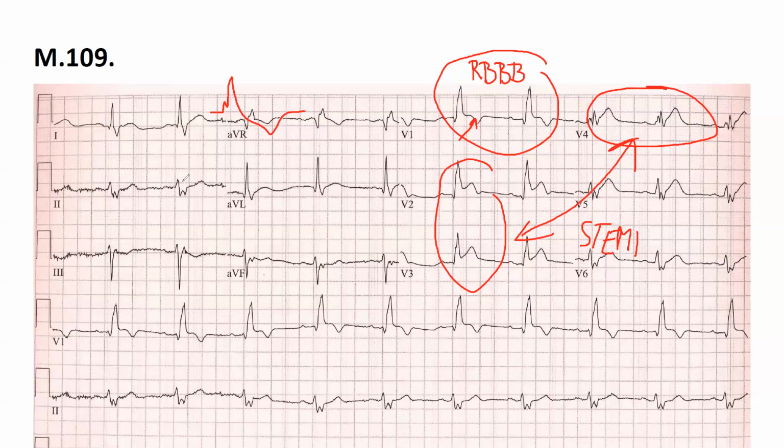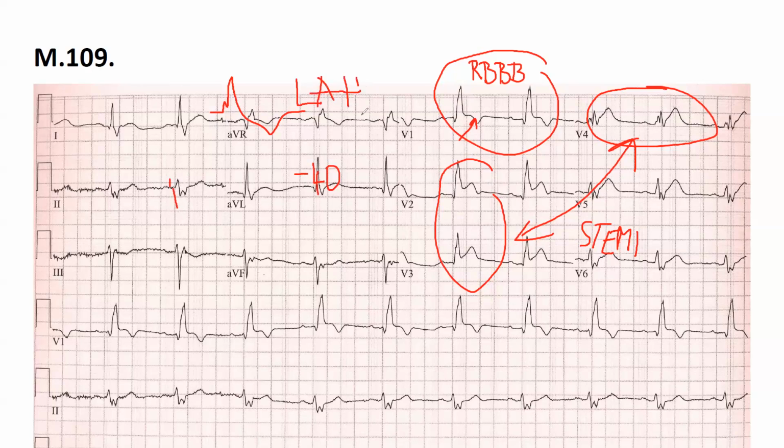But if you had bigger than minus 30, for example, if lead number 2 is more negative than positive, that is, for example, minus 40, immediately you have to think about the left anterior hemiblock.